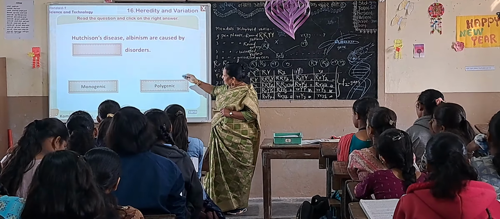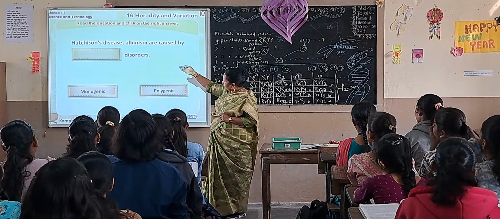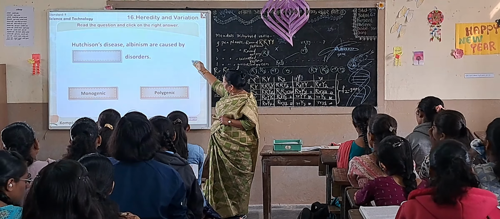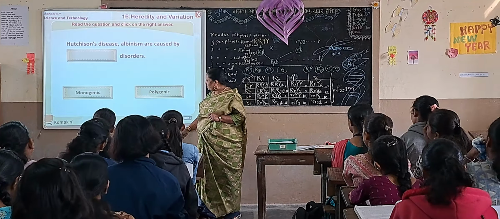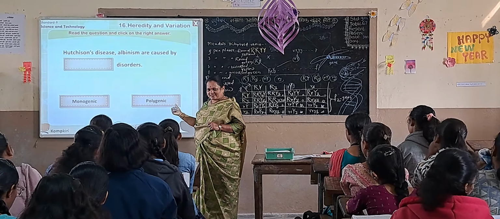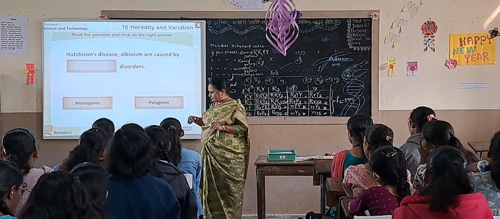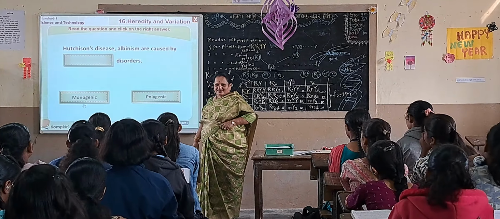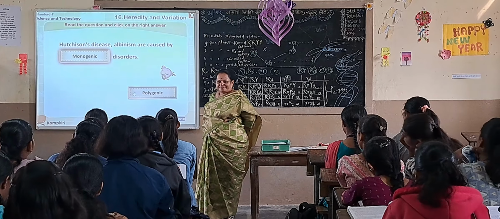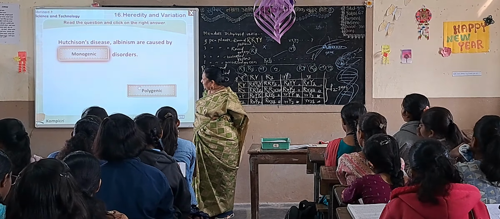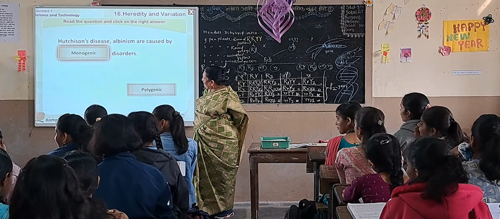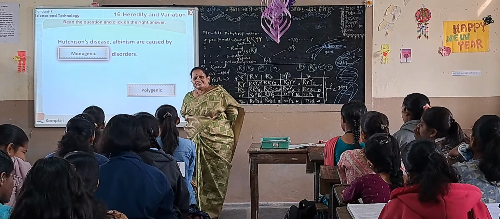Next, Huntington's disease and albinism are called what type of disorder, monogenic or polygenic? Monogenic. What is albinism?